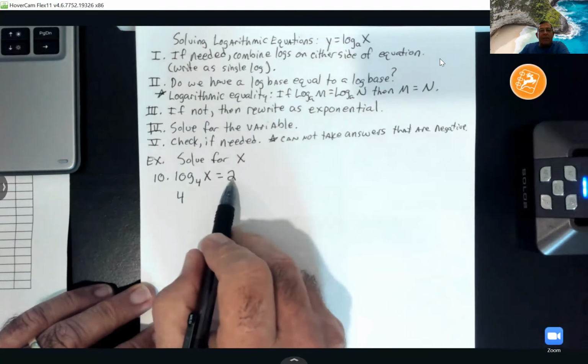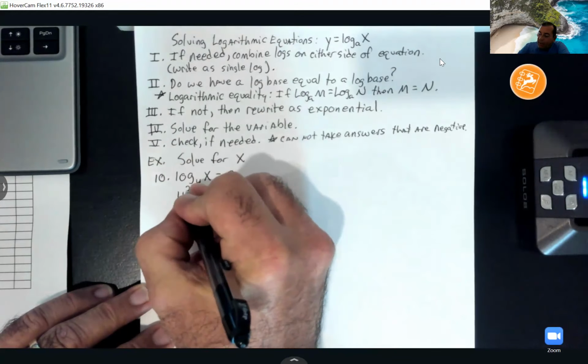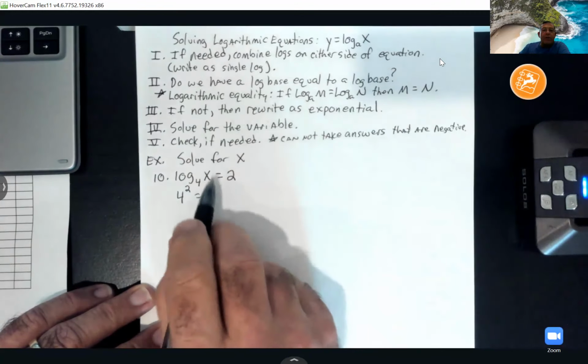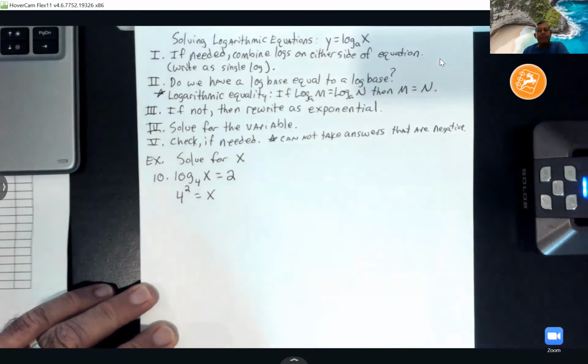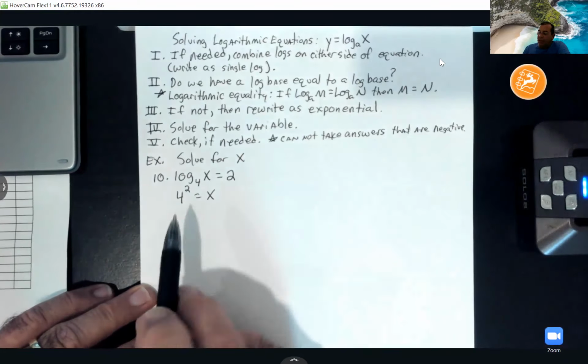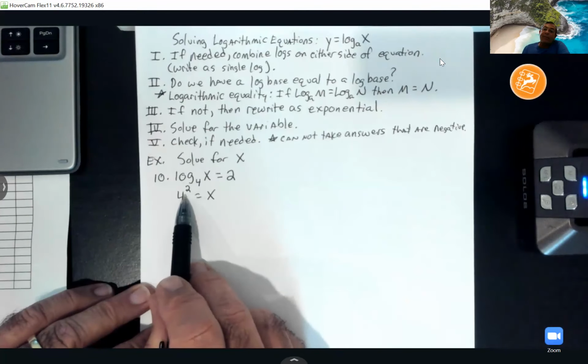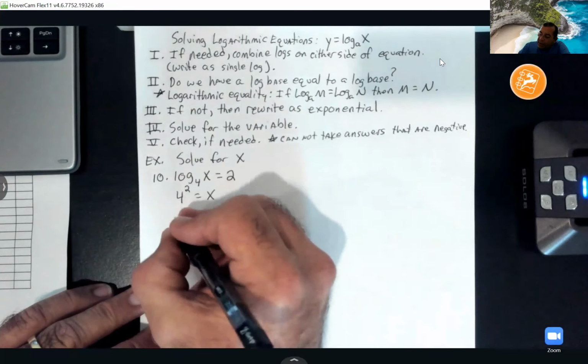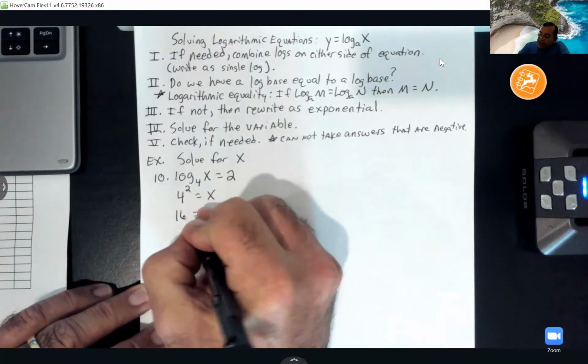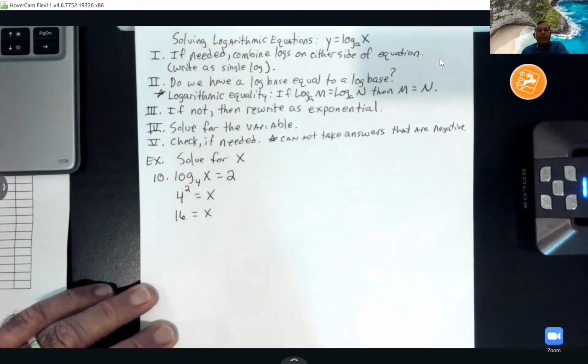The exponent is the 2. And that's going to equal the result of x. So the only step I've got to do is figure out what 4 times 4 is. So 4 squared is 4 times 4. That gives me 16 equal to my x, and we're done.